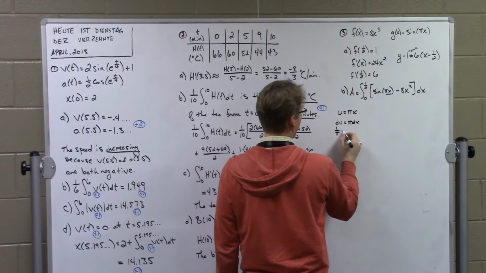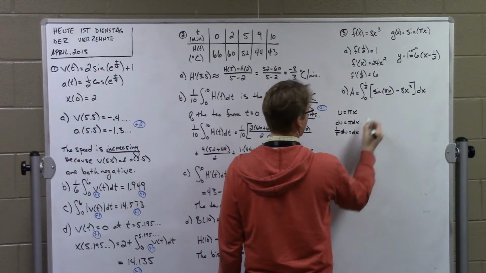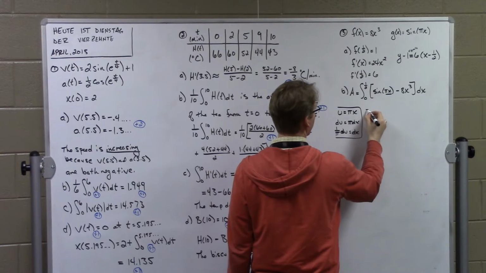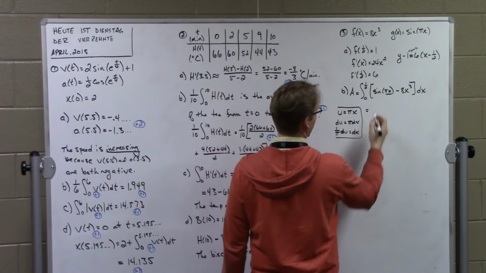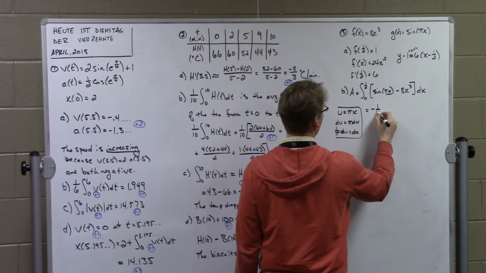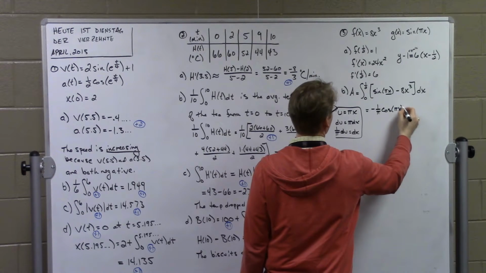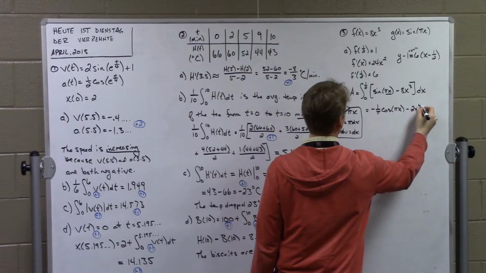So this is going to be negative 1 over pi cosine pi x minus 2x to the 4th.